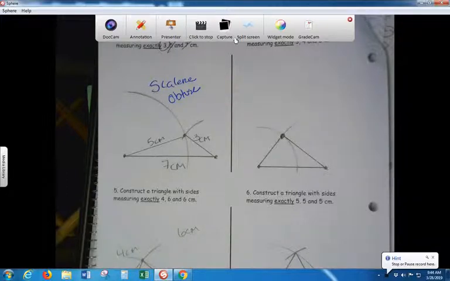Number 3. No, number 4, right? Okay. Miss J is passing out protractors. I'll wait. Okay.